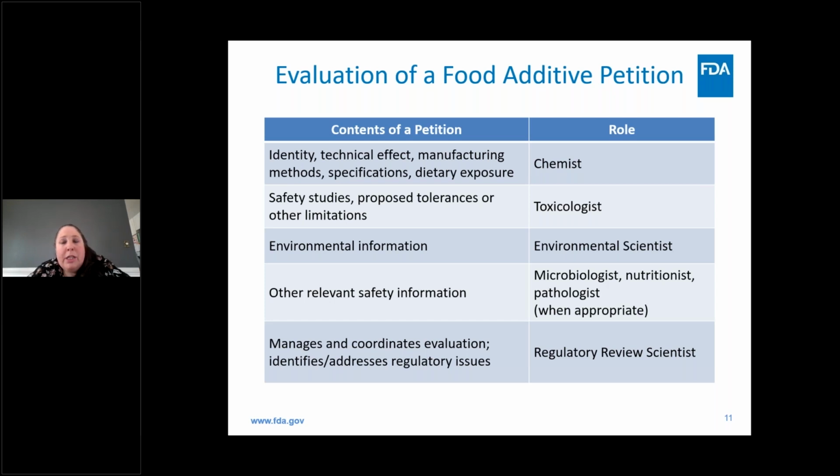I briefly mentioned the components of a food additive petition a few slides ago, and listed on this slide are the roles and responsibilities of each member of the review team. So this team typically consists of a chemist and a toxicologist, an environmental scientist, and then when needed, we can include a microbiologist or other scientists such as a pathologist or a nutritionist.